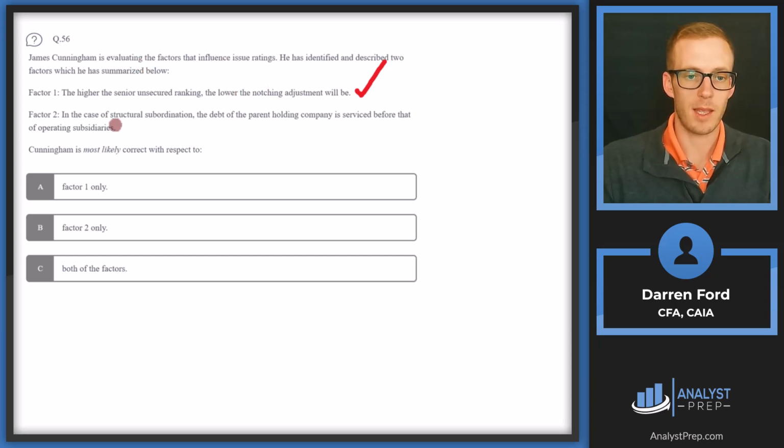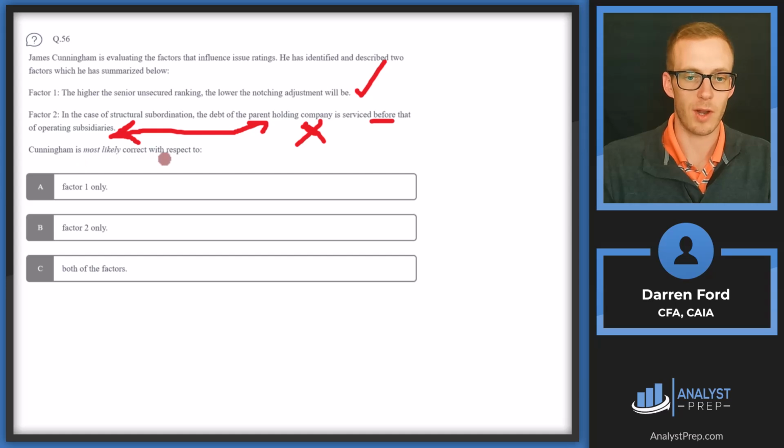And then 2, in the case of structural subordination, the debt of the parent company is serviced before that of operating subsidiaries. So this is flipped. So in this case, the debt of the operating subsidiaries is serviced before the debt of the parent. So this statement is not correct.